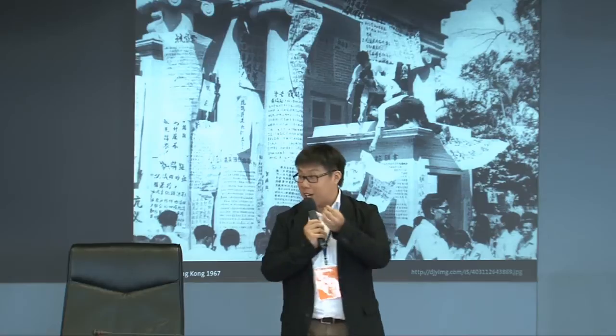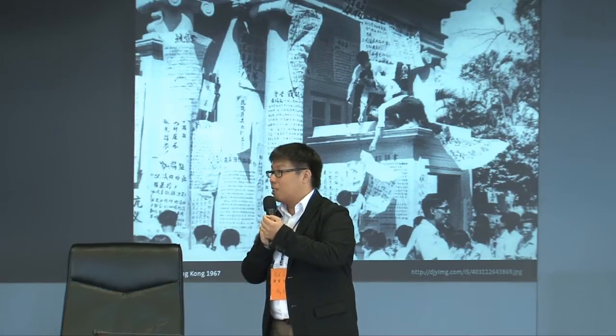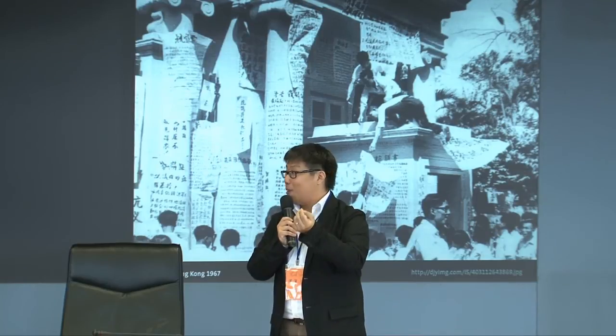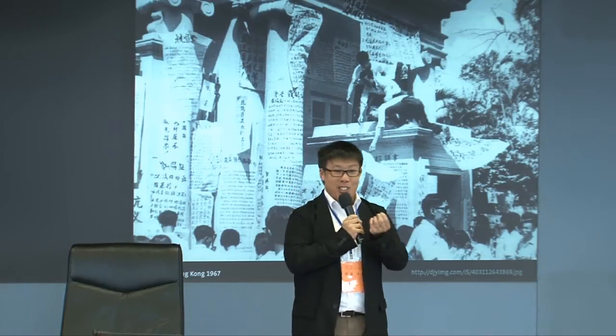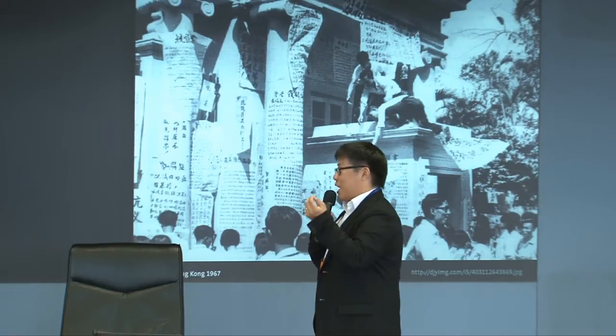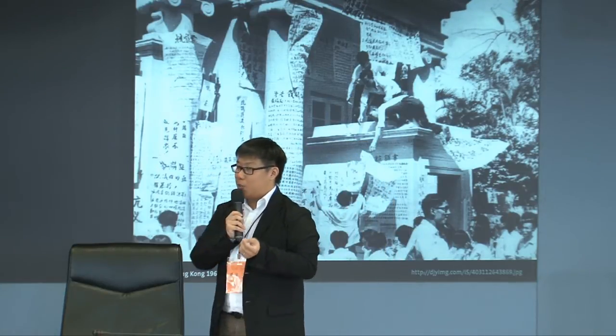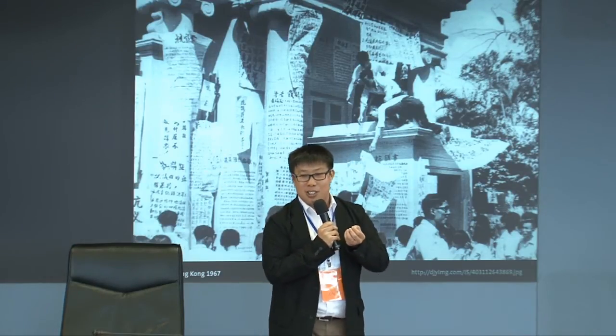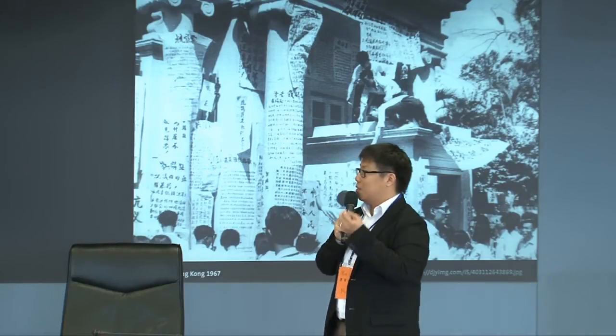Because of the diglossia I was talking about, where when you want to make a complaint to the government, you need to write in English, but not everybody can do that, given the education at that time. And there was just basically no channel to express yourself, your opinions to the government.